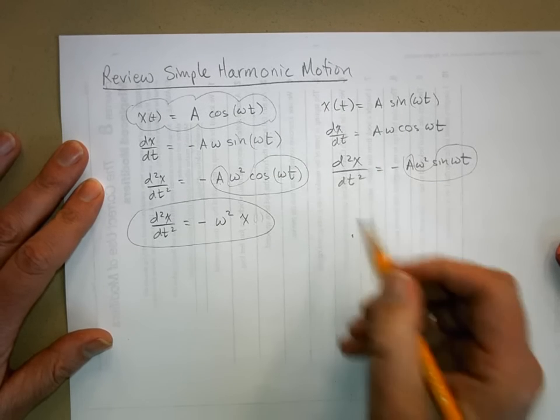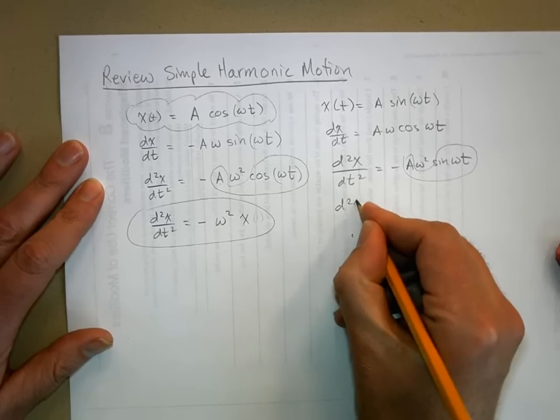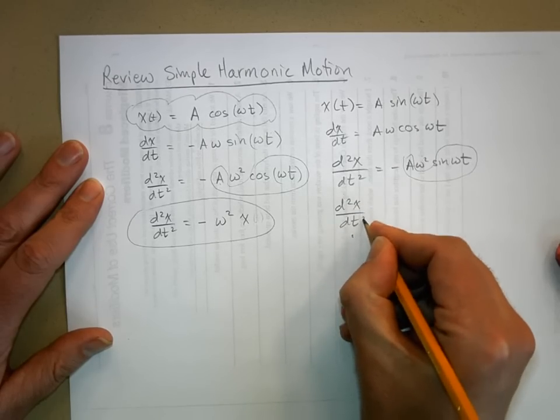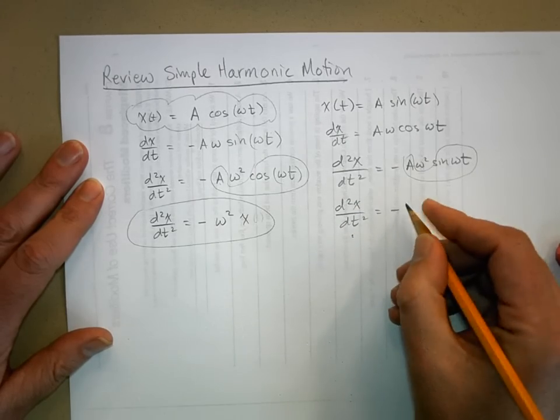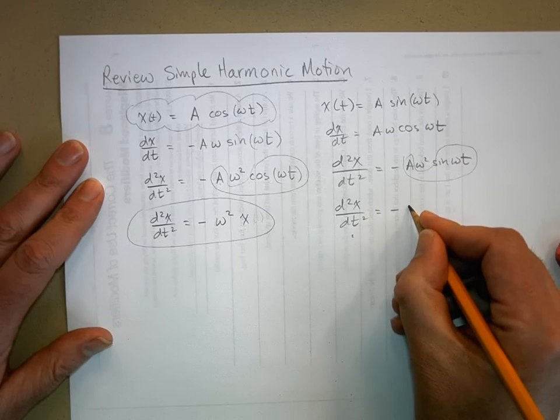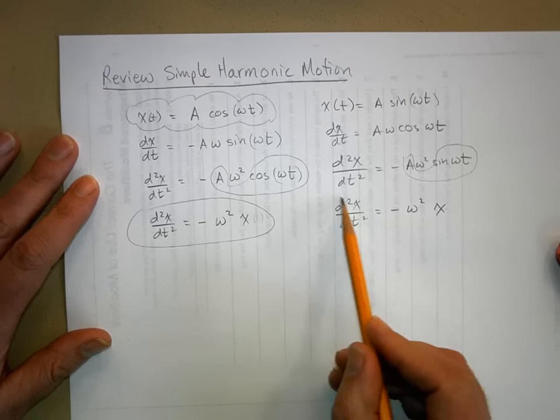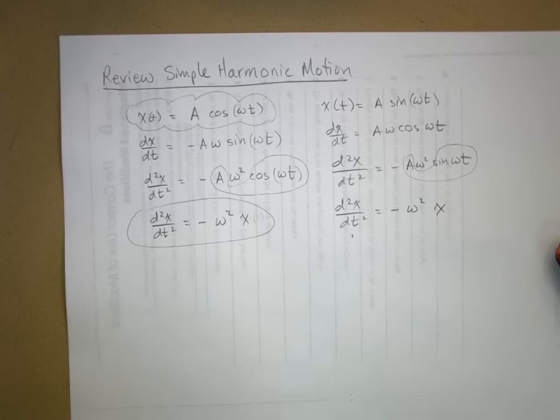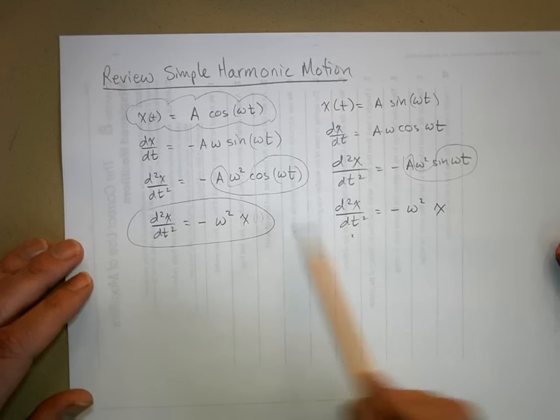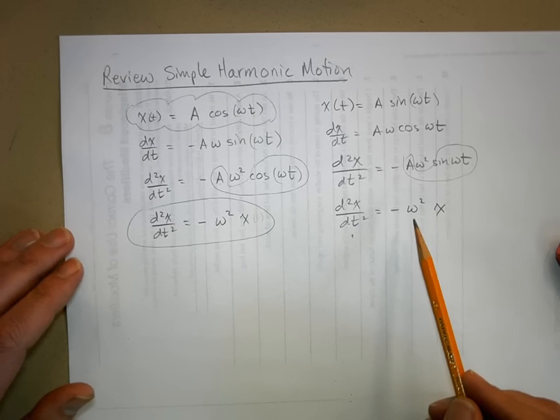Well, that's just x. So we've got d squared x dt squared is equal to negative omega squared times x. So I've got two different solutions to this differential equation. Notice I end up with the same differential equation.